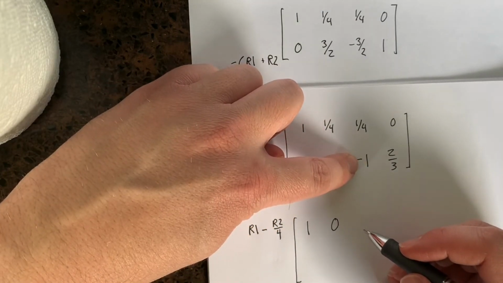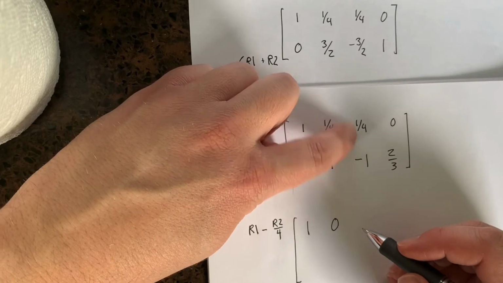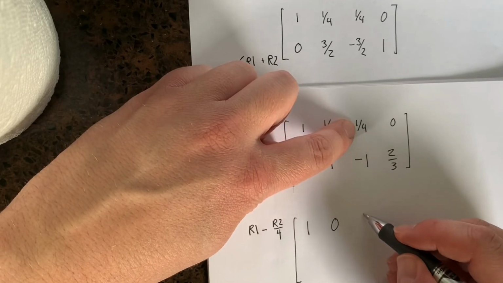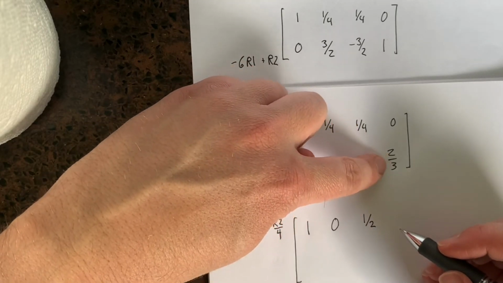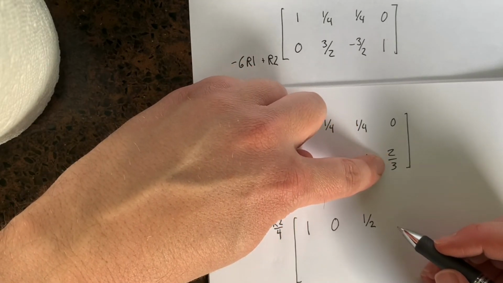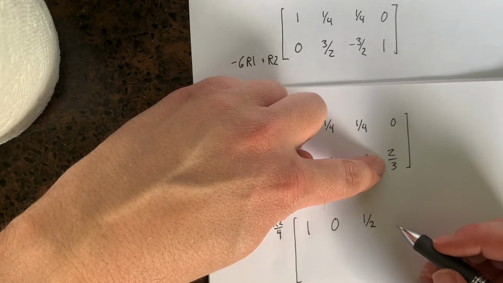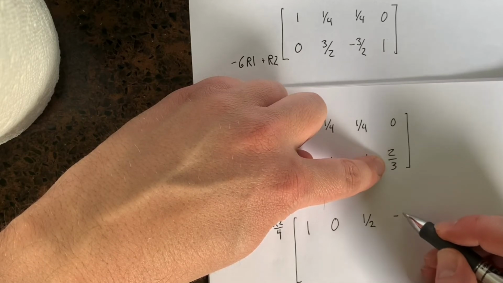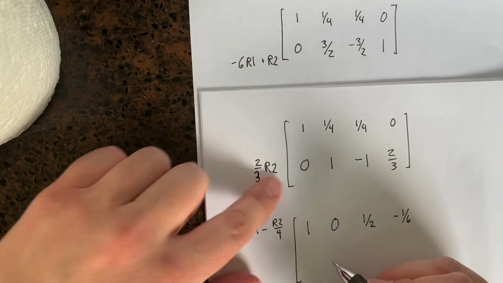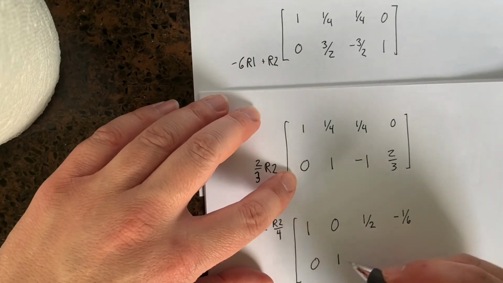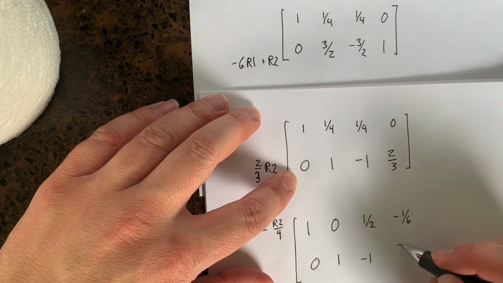Minus a minus is a plus. 1/4 plus 1/4 is 2/4 or 1/2. And then minus 2/12, which is minus 1/6. And then leave row 2 alone. We're done. 0, 1, minus 1, 2/3.